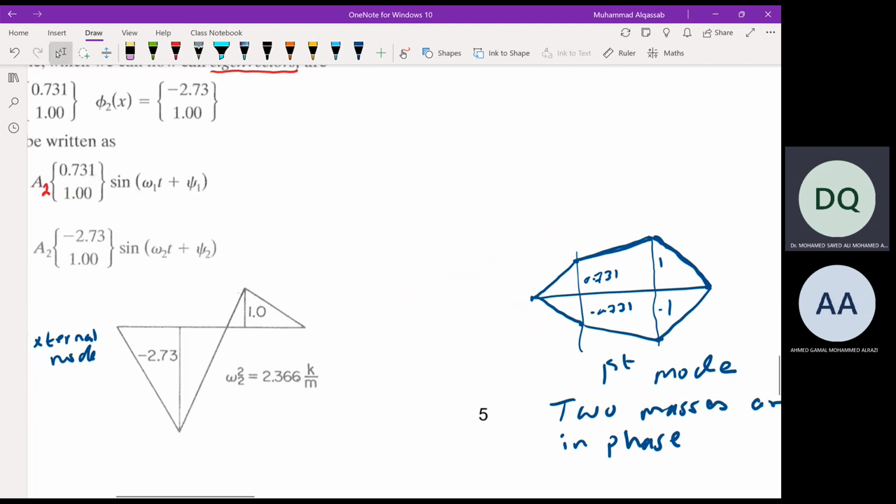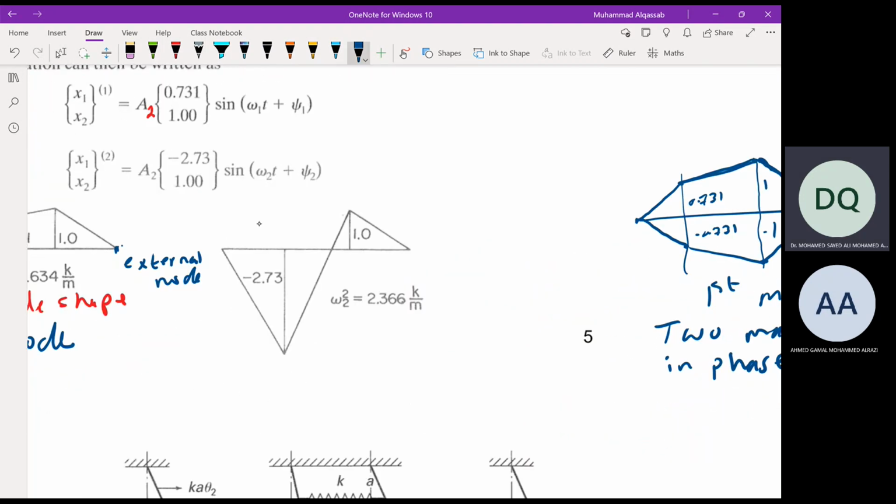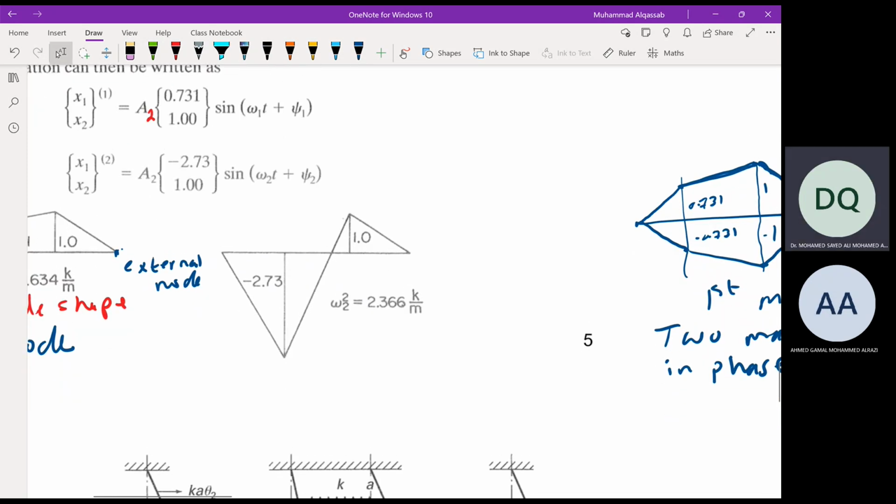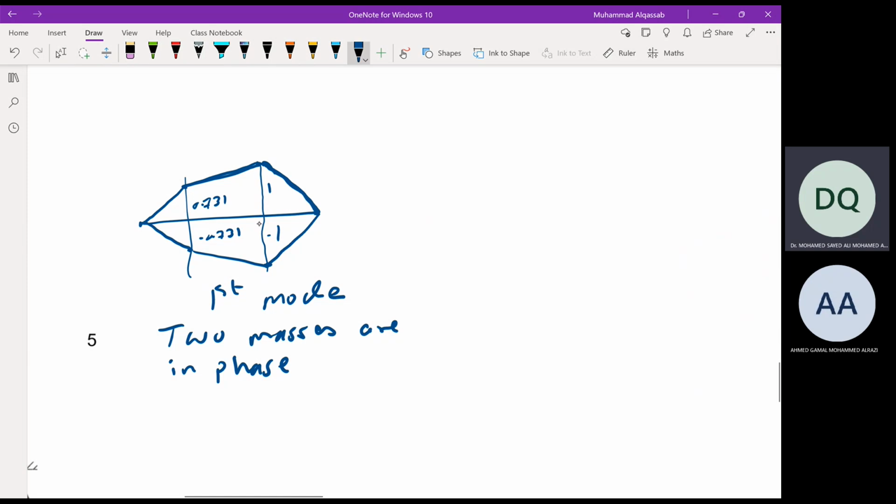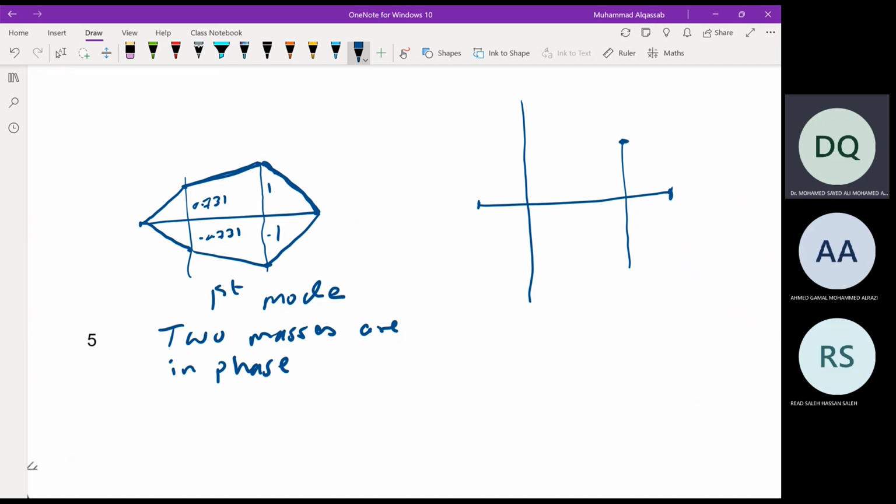For the second mode, when A2 is 1, A1 is -2.73. Okay, so for the second mode, again, we have the external nodes, and here is the position of the second mass, and this is the first mass. So if A2 is 1, A1 is -2.7.